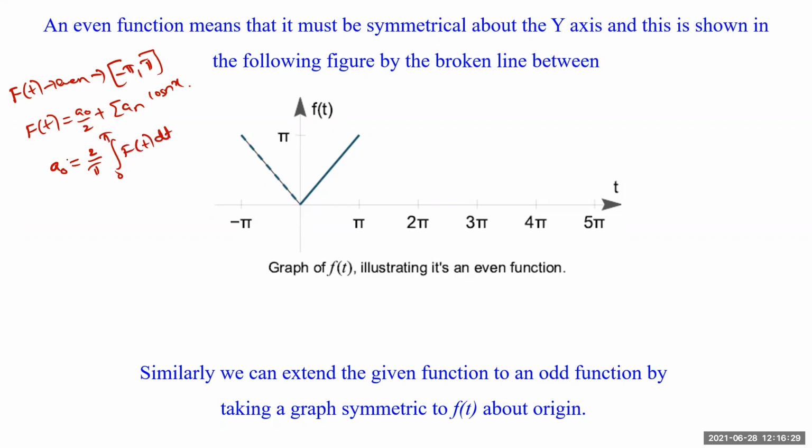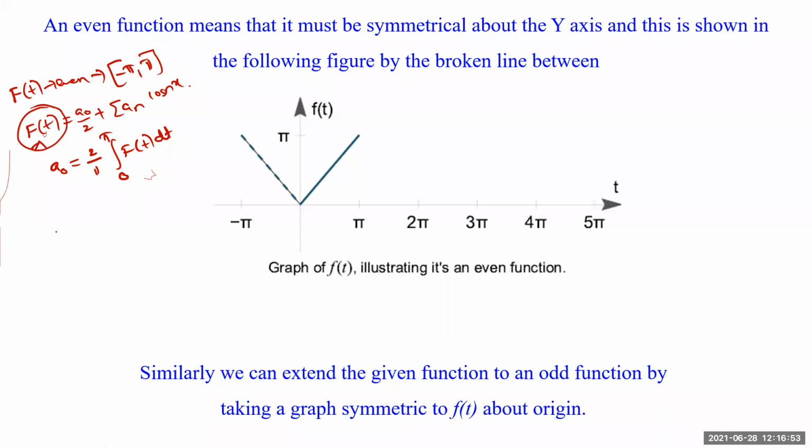What is this actually? You are writing the Fourier series for capital F of t, isn't it? You're actually writing the Fourier series for the extended function. But look at this interesting point: in the interval 0 comma pi, capital F of t and small f of t are identical, they are the same. So we can replace capital F of t by small f of t.